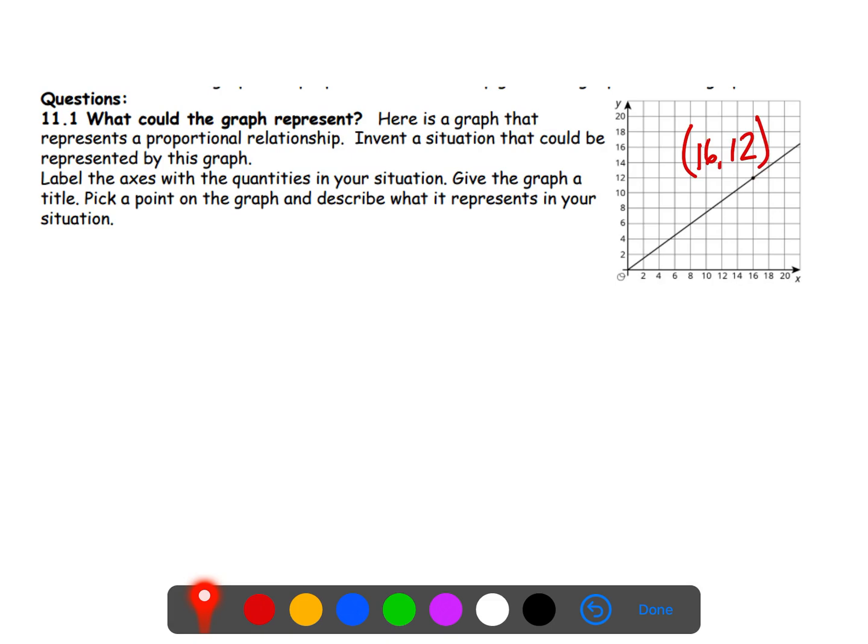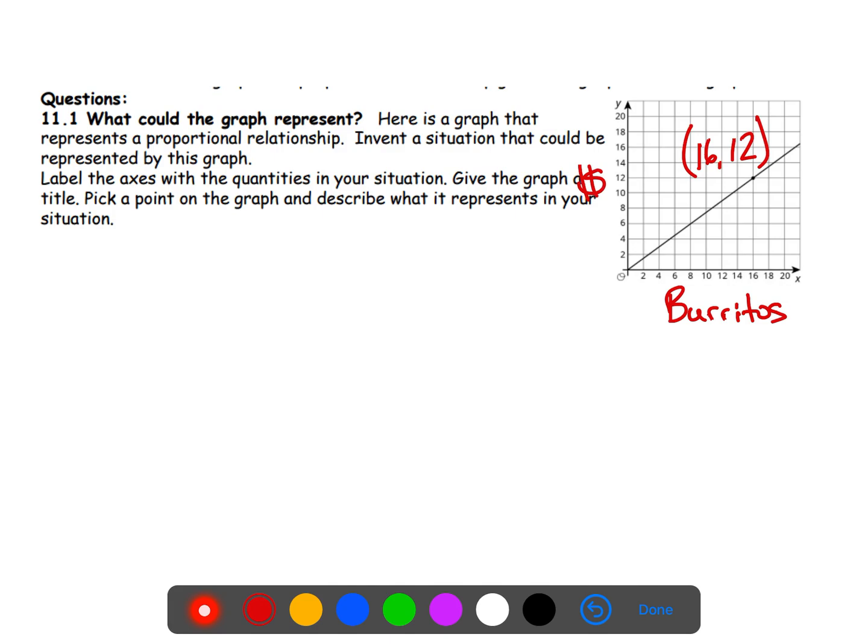Right now I'm kind of hungry, so I'm thinking, let's say that it costs $12 for 16 burritos. So burritos and cost.